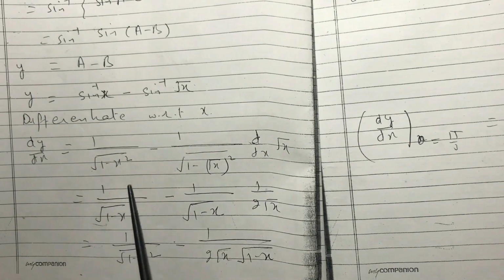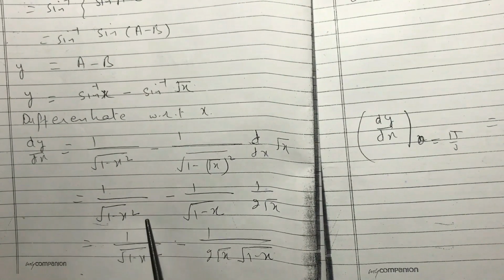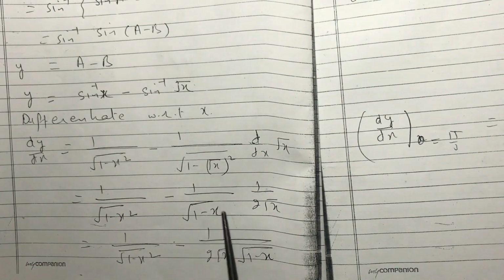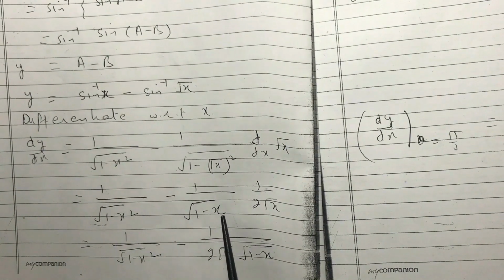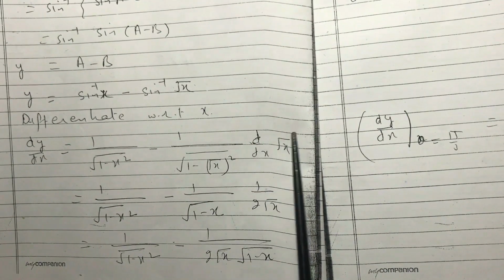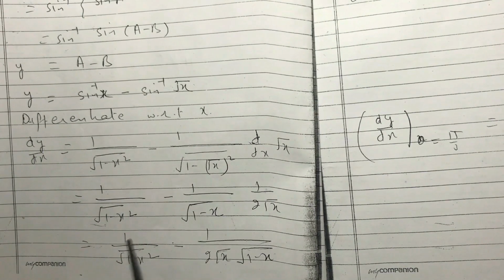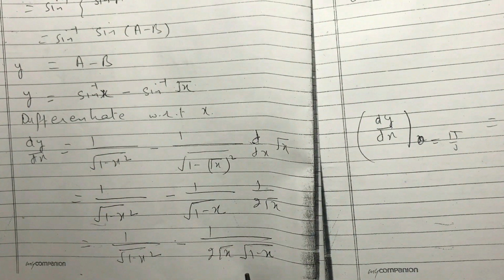So this is equal to 1 upon root 1 minus x square minus 1 upon root 1 minus x, because root x whole square is equal to x. And the differentiation of root x is 1 upon 2 root x. This is equal to 1 upon root 1 minus x square minus 1 upon 2 root x root 1 minus x. That is the answer.